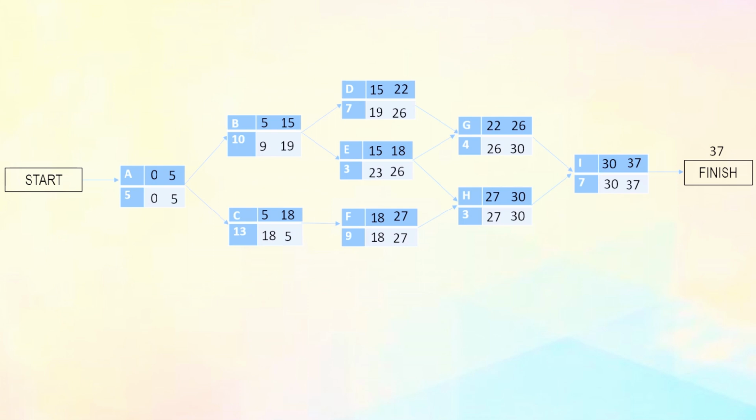The slack for B will be 4, and for C it will be 0. For D is 4, for E will be 8, for F will be 8 also, and for G 4, for H is 0, and for I also 0.